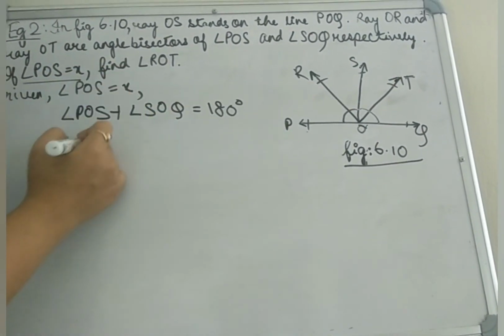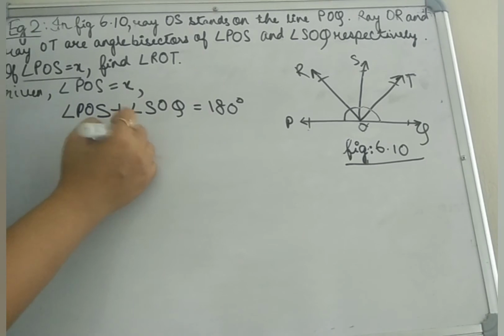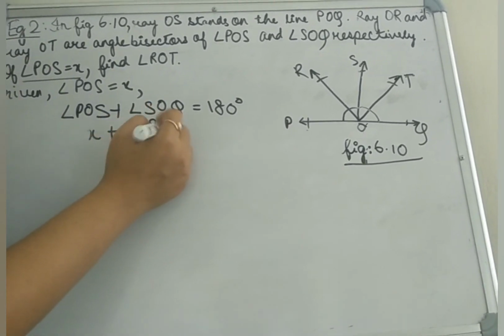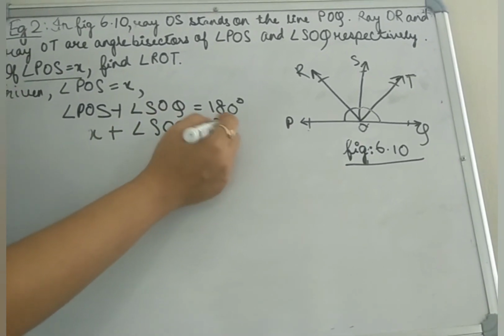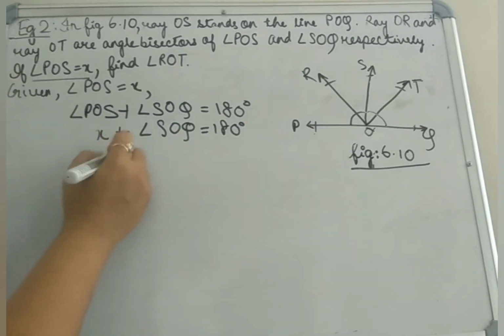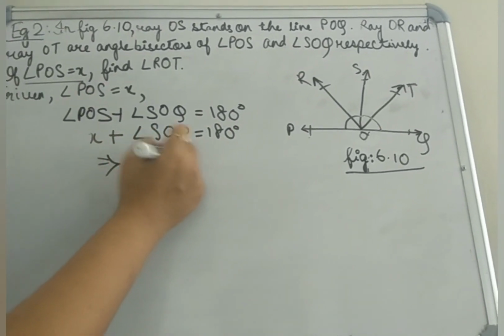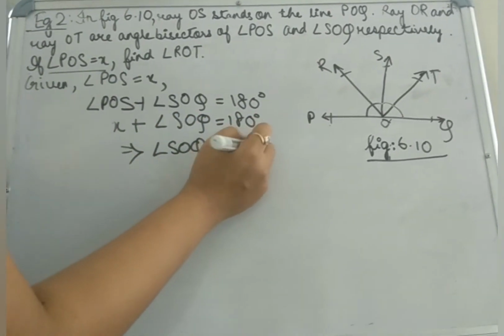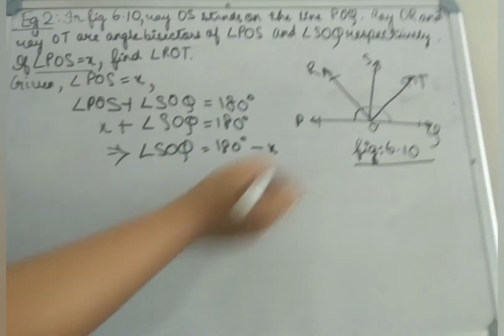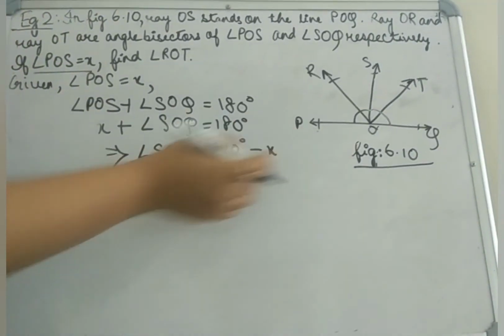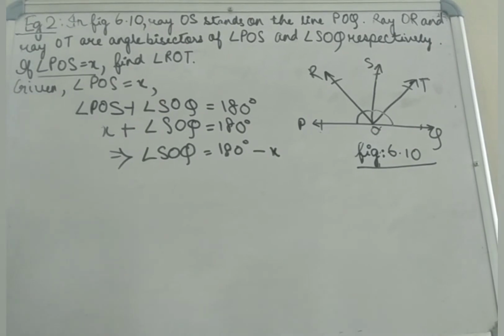POS is given as X, so X plus angle SOQ is equal to 180 degrees. So angle SOQ is equal to 180 degrees minus X.